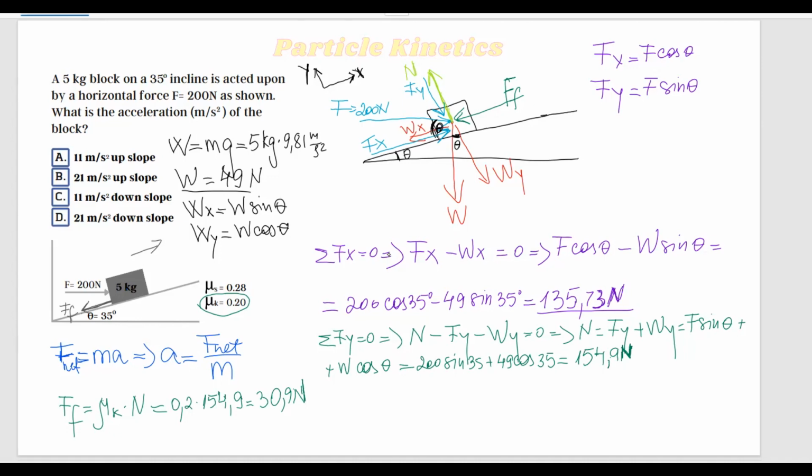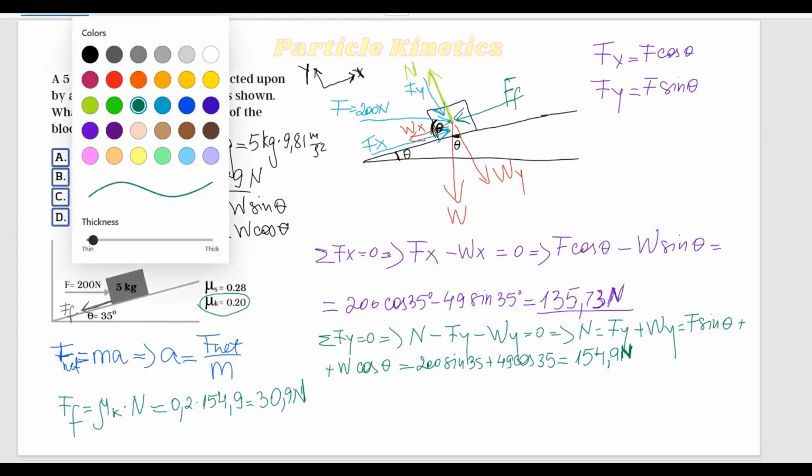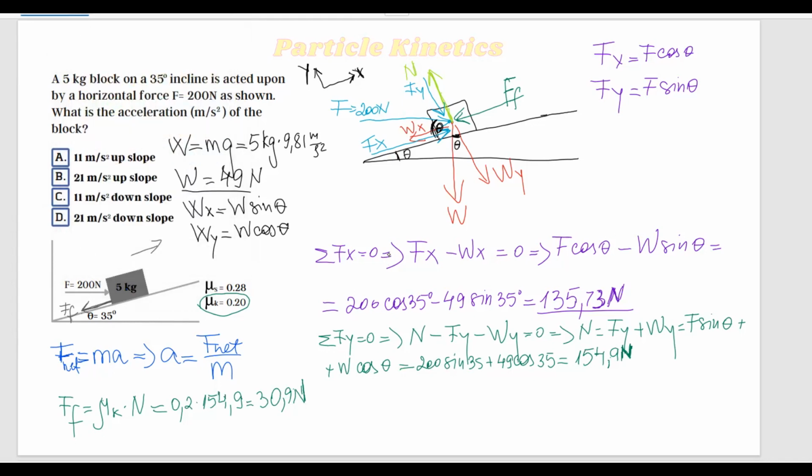So net force in the x direction, F net, is going to be equal to the sum of forces in the x direction. So we have Fx minus Wx minus friction force.